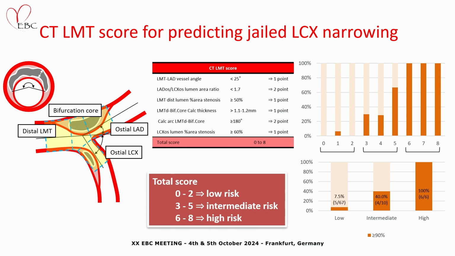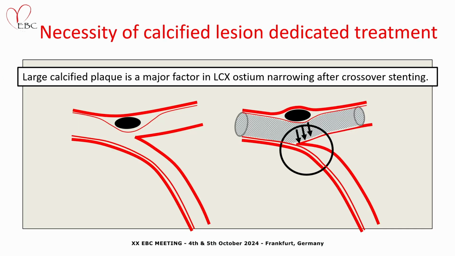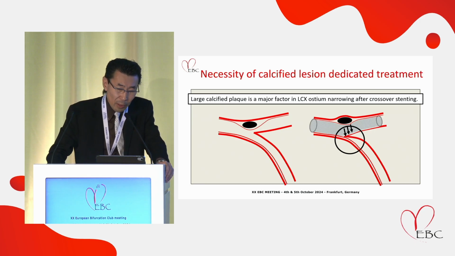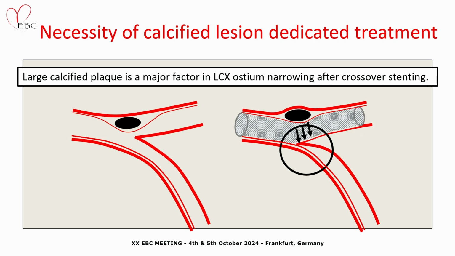From my data, bifurcation area calcification is one of the predictors of circumflex ostium narrowing after crossover stenting. So this area of calcification is very important. This might be the mechanism: the opposite side of the calcification easily shifts the carina to the circumflex after stent implantation.